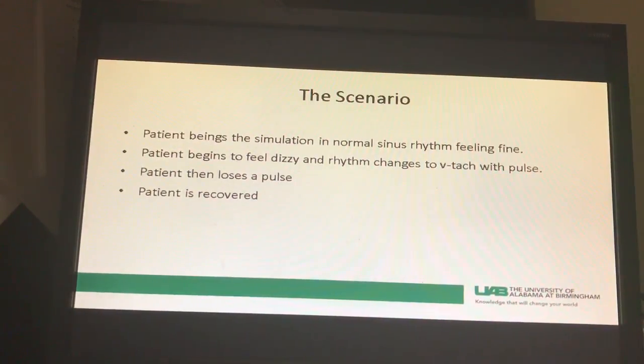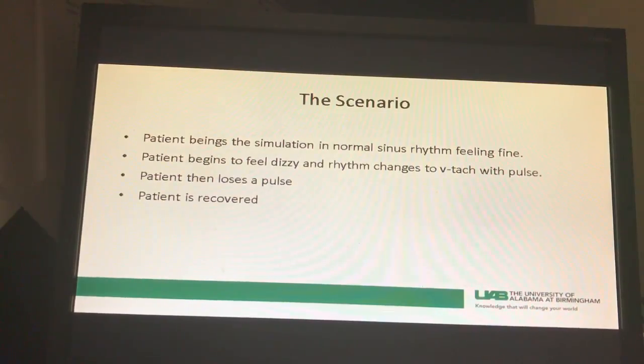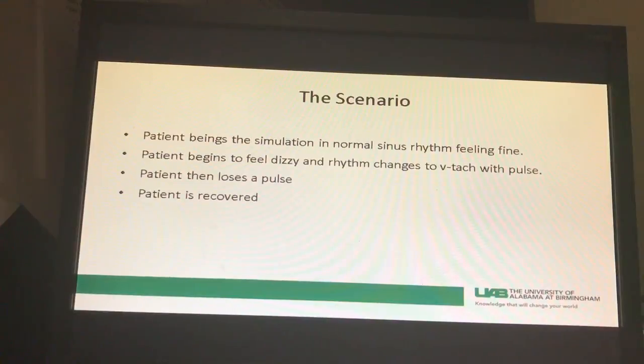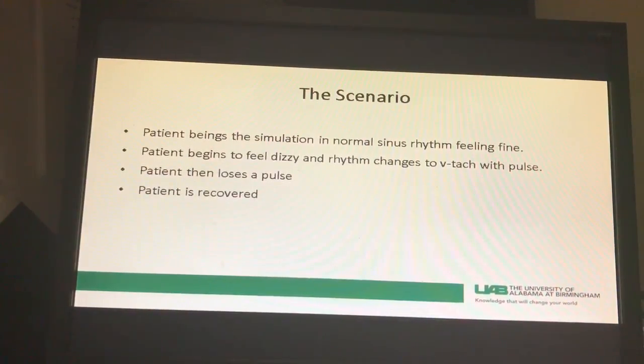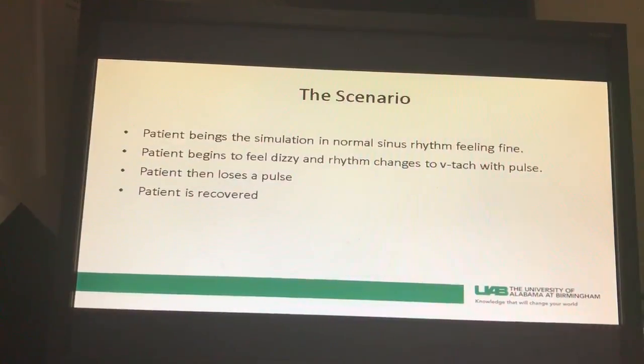He will go in through VTAC for a few minutes, and then he will move into PEA. He won't have a pulse, but he will have a rhythm. The students should pick up on this, and then they will just continue CPR and epinephrine.